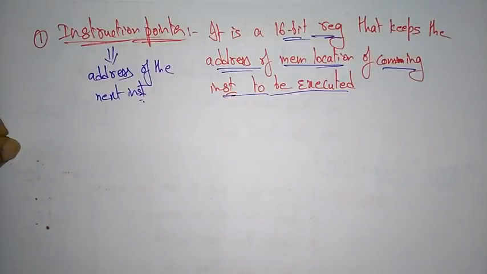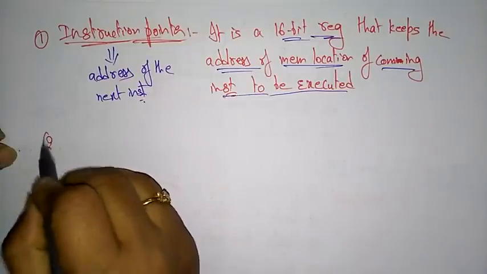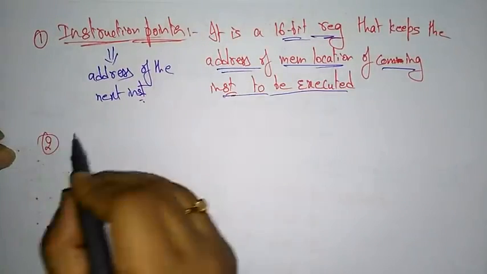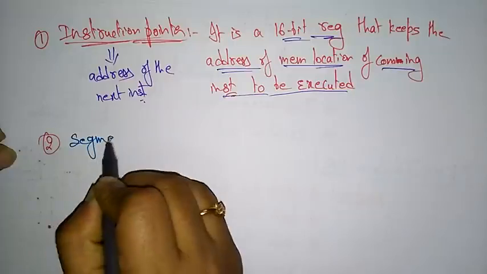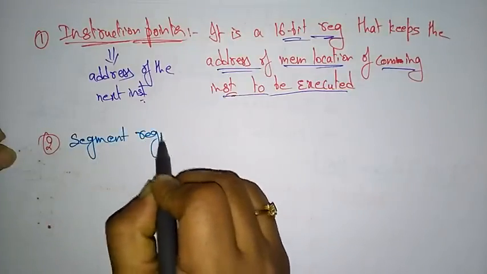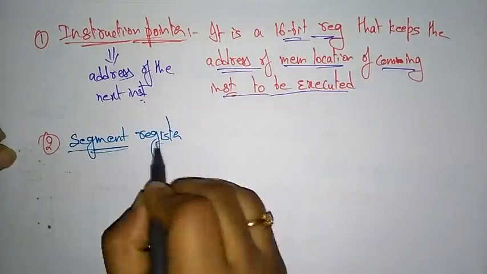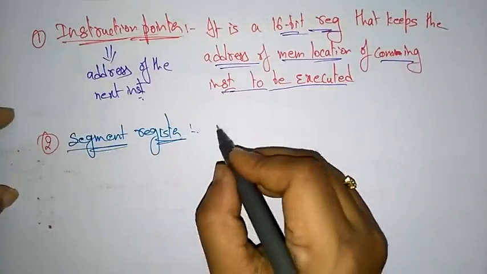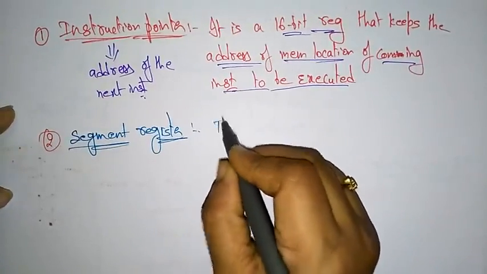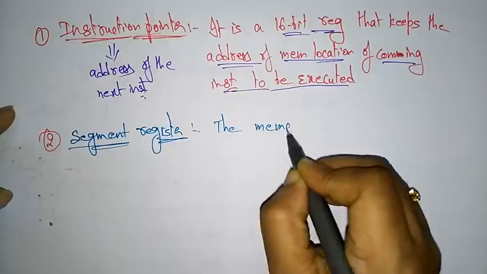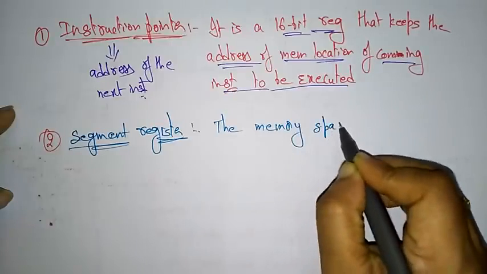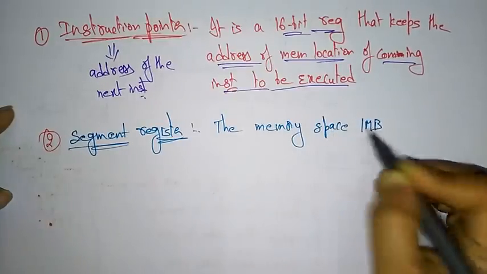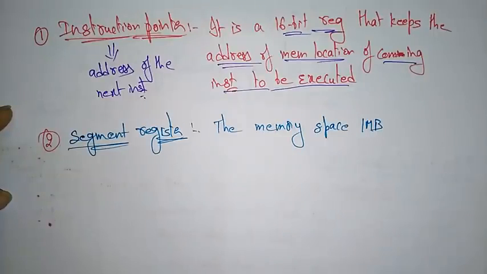Next is the segment register. The second one is the segment registers that are present in the bus interface unit. What is the role of the segment register? Here the memory space is 1 megabyte. I already said in the features that the 8086 has an addressing capacity of 1 megabyte.